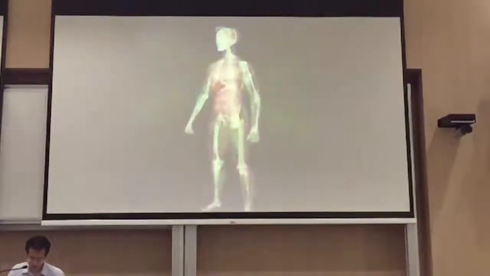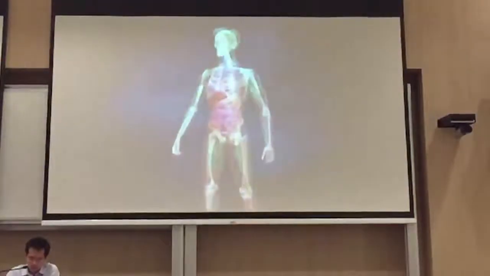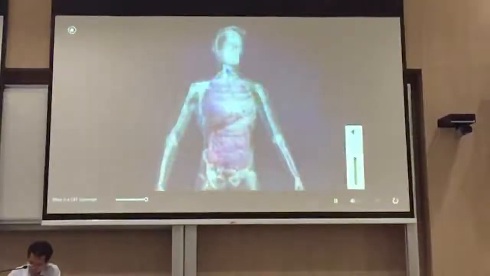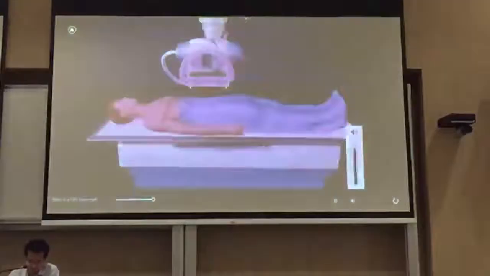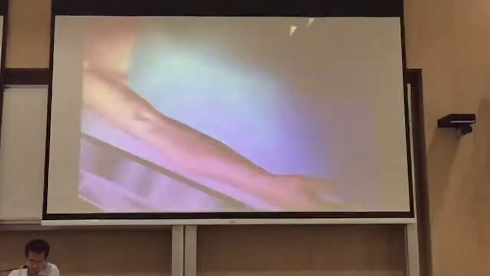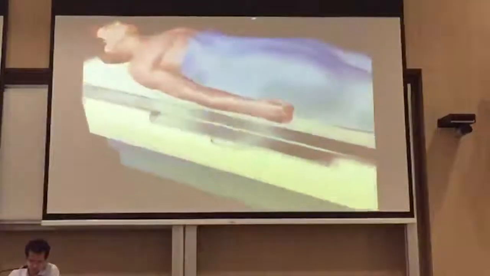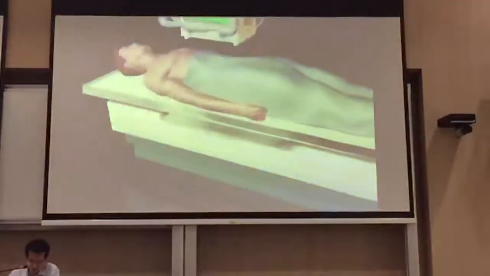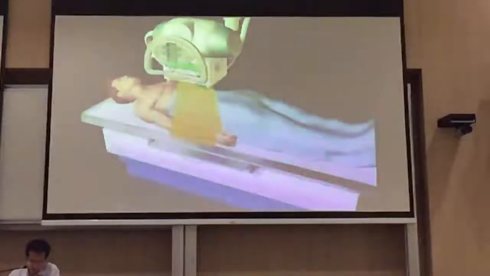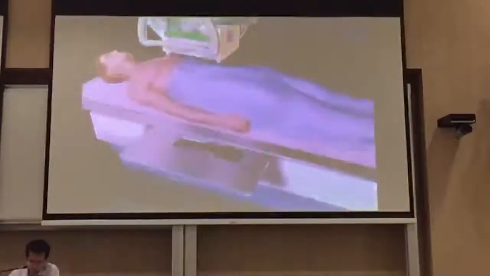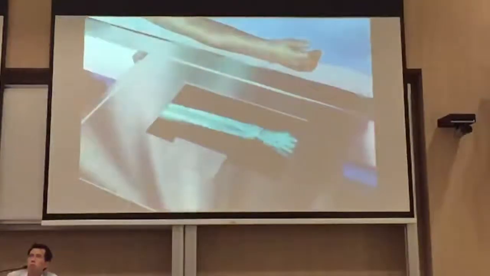CAT scan is used to detect both bone and soft tissue damage. It's a CT scan. Three-dimensional anatomical imagery is created by utilizing X-ray technology. X-rays are used to create images by shining a high-energy electromagnetic beam through the patient's body. This beam casts a shadow onto an X-ray film. A photograph of the internal structures is created through the shadow cast by the varying tissue densities. Softer tissues allow more X-ray light to pass through, while harder tissues, such as bone, allow less light to pass through.